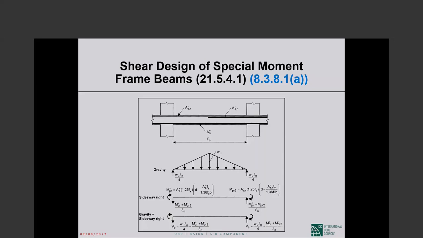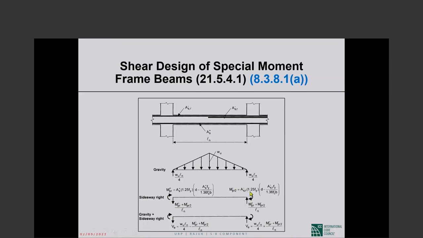Okay, so in order to calculate that, if we are figuring out the largest shear at this support section, we will consider the largest bending moment that can develop at that support section in that direction, the clockwise. We will consider the largest bending moment that can develop in the opposite direction.